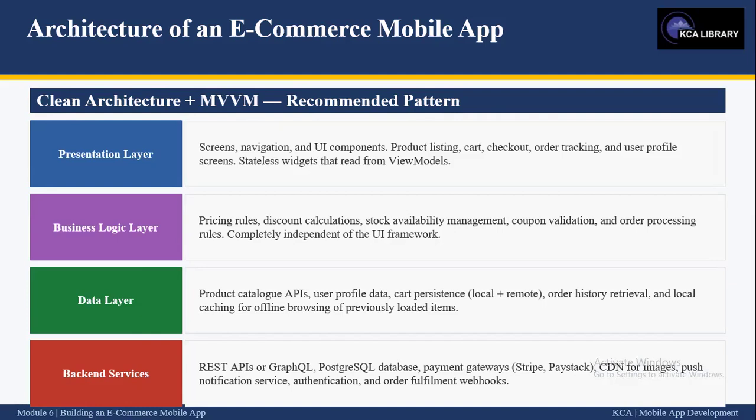For the data layer: product catalog APIs, user profile data, cart persistence, local plus remote, order history retrieval, and local caching for offline browsing of previously loaded items. Back-end services: REST API or GraphQL, PostgreSQL database, payment gateways such as Stripe and Paystack, CDN for images, push notification services, authentication, and order fulfillment webhooks.